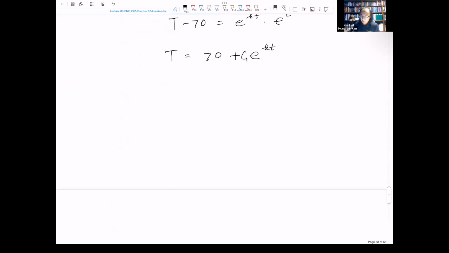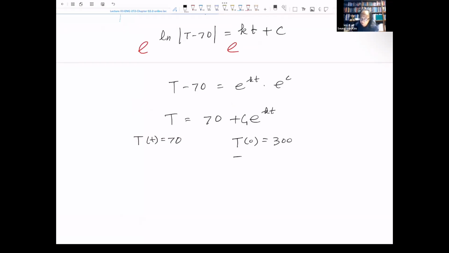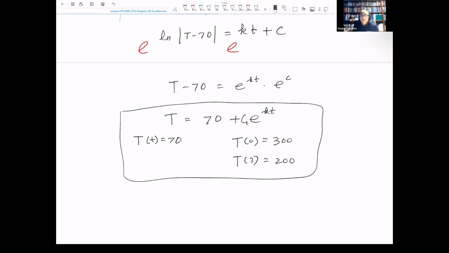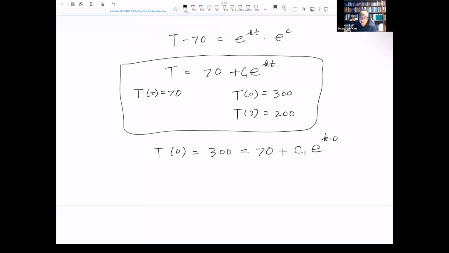They want us to find T of t, with the room temperature 70, the initial condition T of 0 is 300, and the condition T of 3 equals 200. So T of 0 equals 300, plug it in. When t equals 0, e to the 0 is 1, therefore C1 is 230.